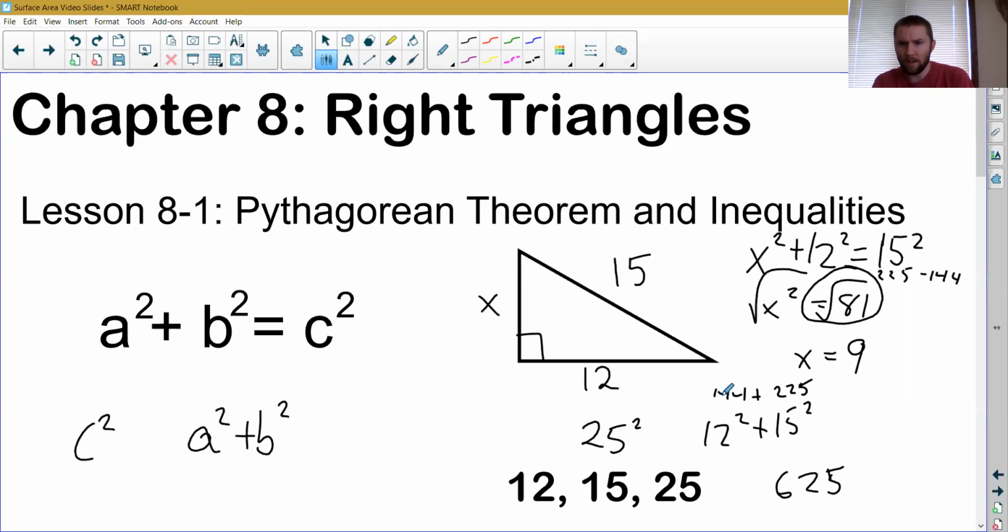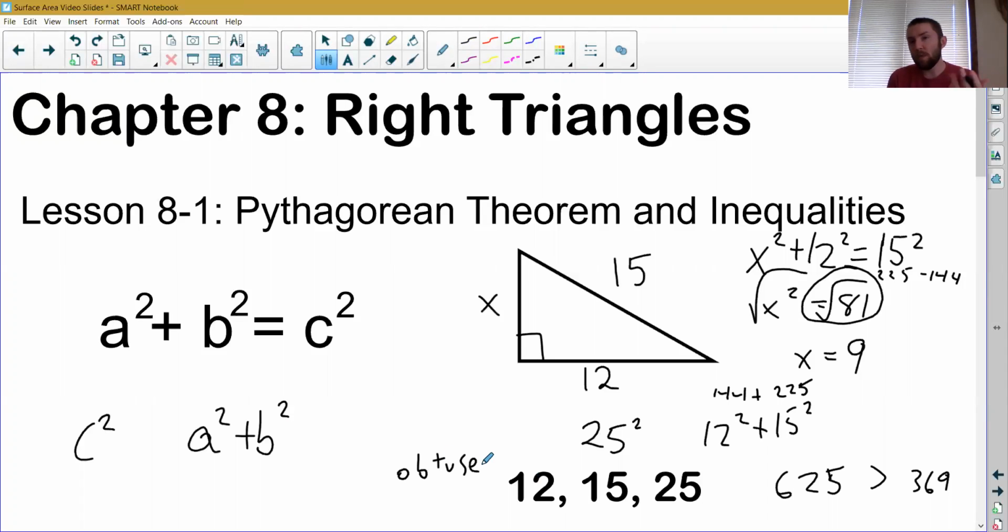So we would add those together and we get 369. So is c squared, this 625, bigger or smaller or equal to the a squared plus b squared? Well, in this case, it's bigger, and so we would say obtuse triangle.